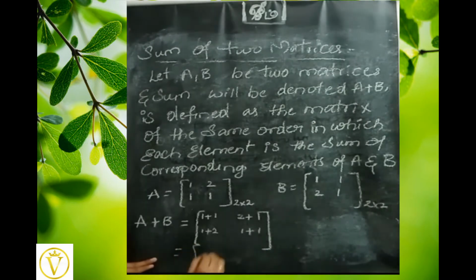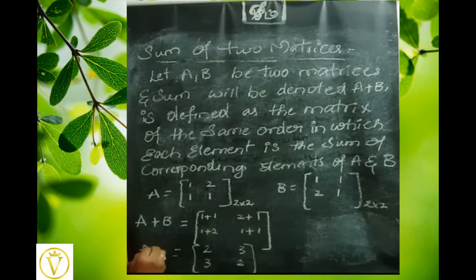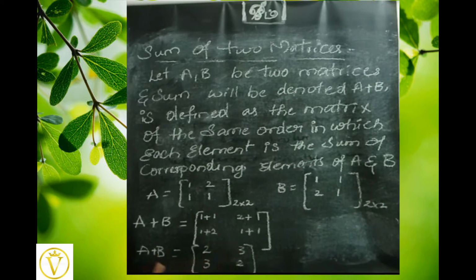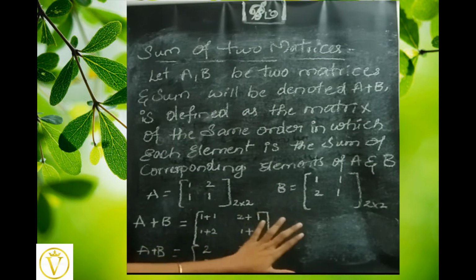That equals 2, 3, 3, 2. Now the sum of A plus B is 2, 3, 3, 2. Very simple. For the sum of two matrices, the order should be the same.